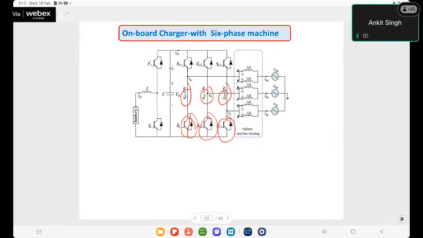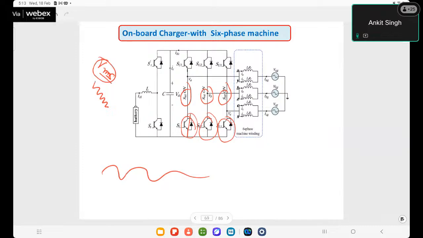Okay. Ripple current, as we know from the fundamental point of view, if there is a ripple in the battery current, let's say high frequency or low frequency ripple, then the RMS value of the waveform will increase.